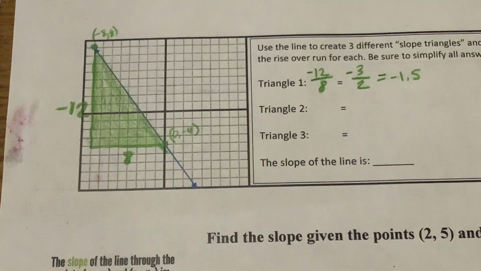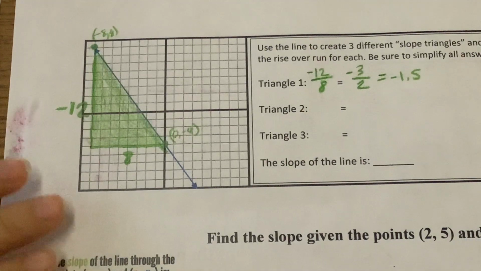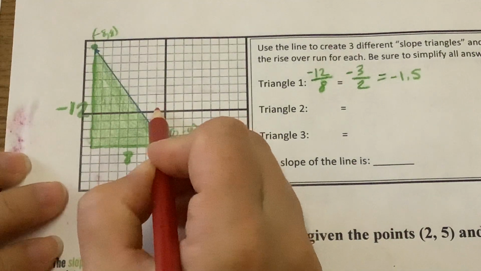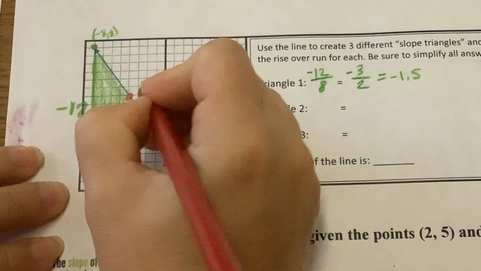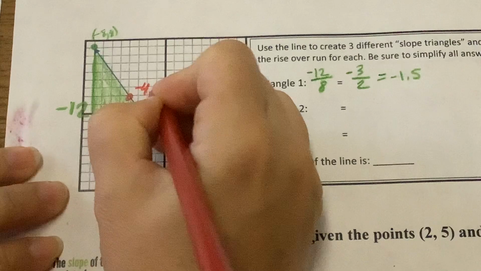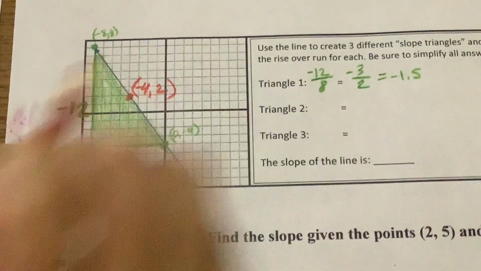All right, let's talk about a second triangle. So you can put that green pencil down and grab your red pencil. Let's go to the ordered pair -4, +2, and put a point.